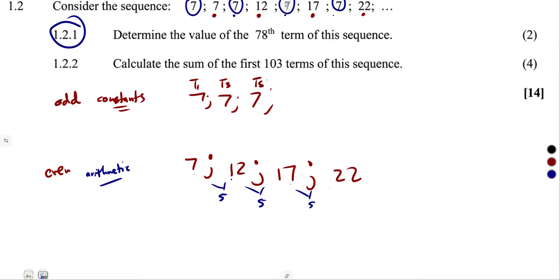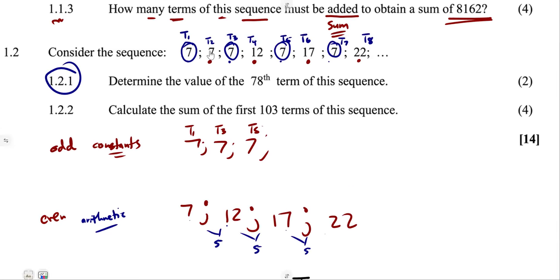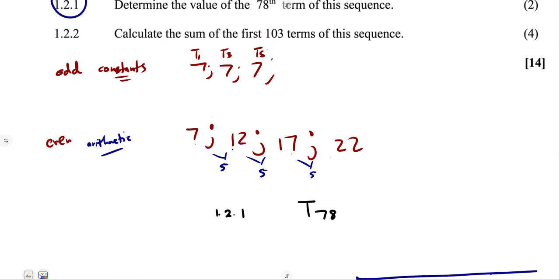That is the question on 1.2.1, and this is the question that you must ask yourself. T78: what does 78 represent in terms of the numbers from the original sequence? When these numbers are combined as they are, 78 is an even number. We are talking about an even number, that 78.